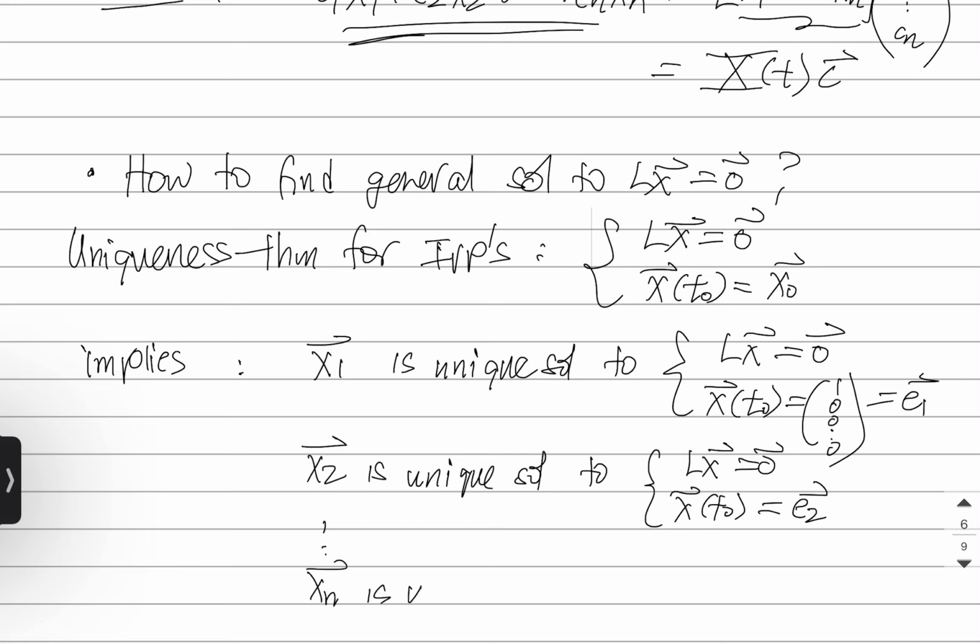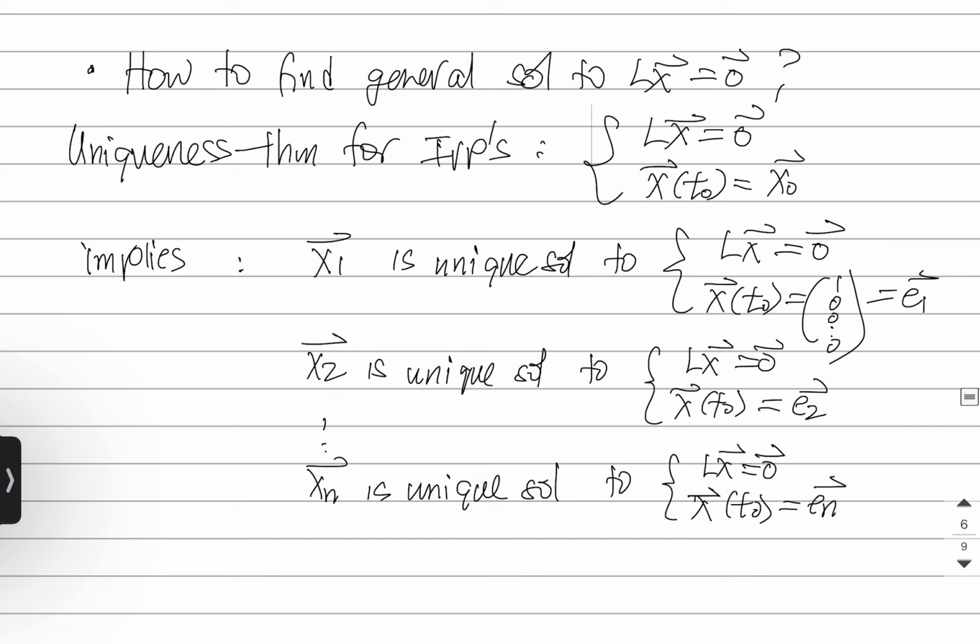This is going to be the unique solution to Lx equals 0, and the initial condition here will be En, so the last basis vector. So the uniqueness theorem tells me that I have to have unique answers to all of these problems.